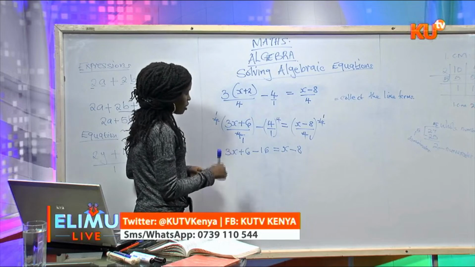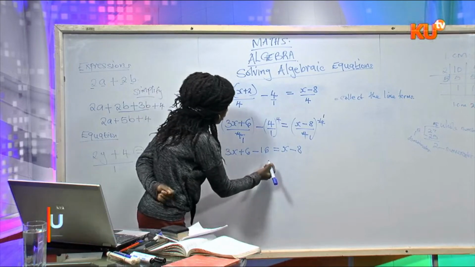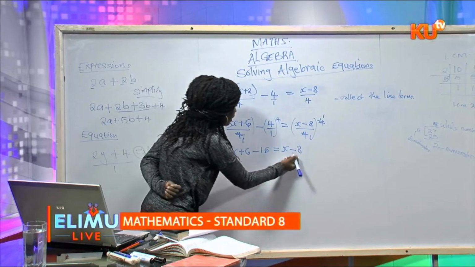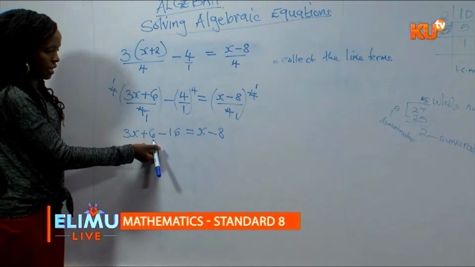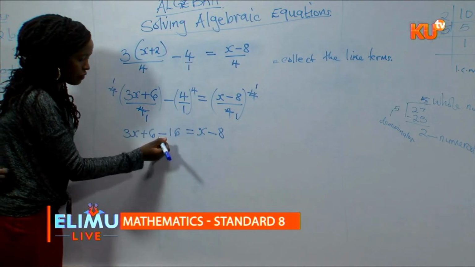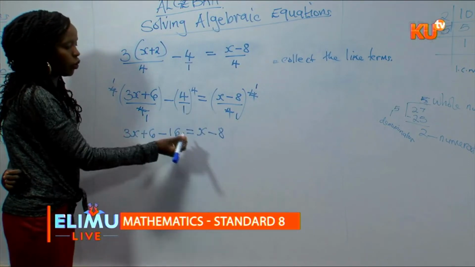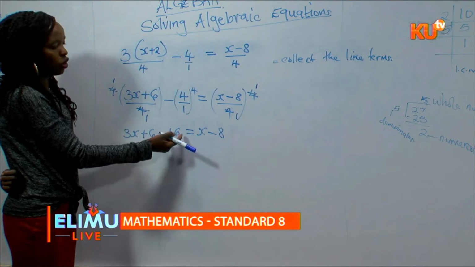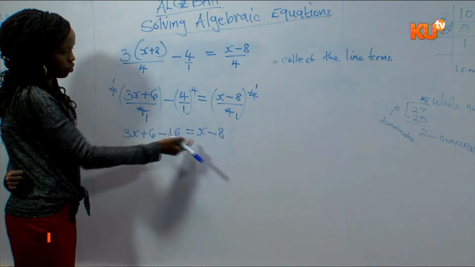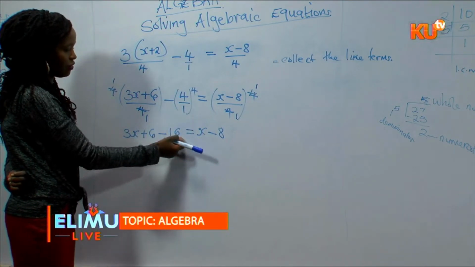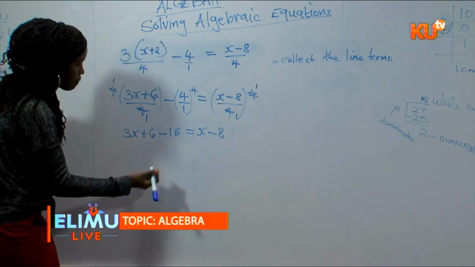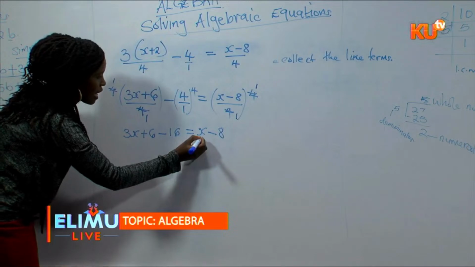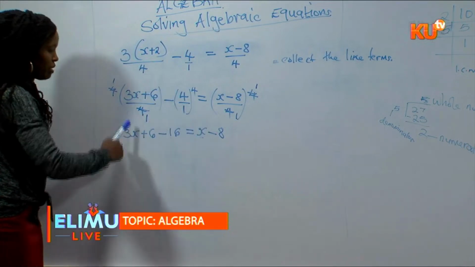If you look at these ones, we have negative 8 on this side, I have negative 16, and I have plus 6. When I move this negative 16 to the other side, it is going to become a big number. So it is easier to move this negative 16 and plus 6. And then this x, I move it to the other side, it's going to be minus x.